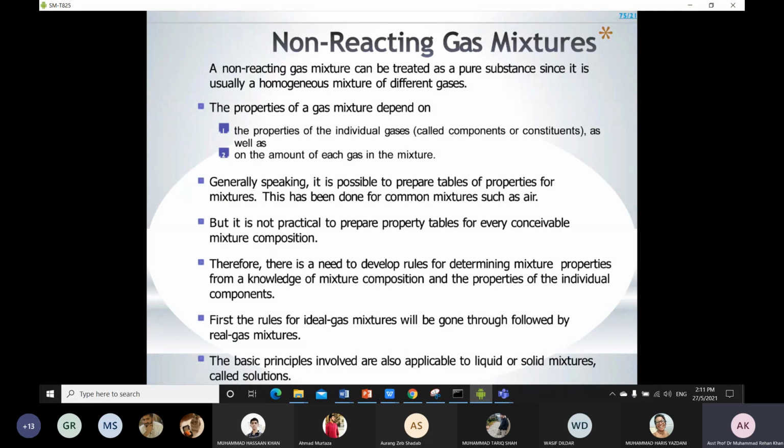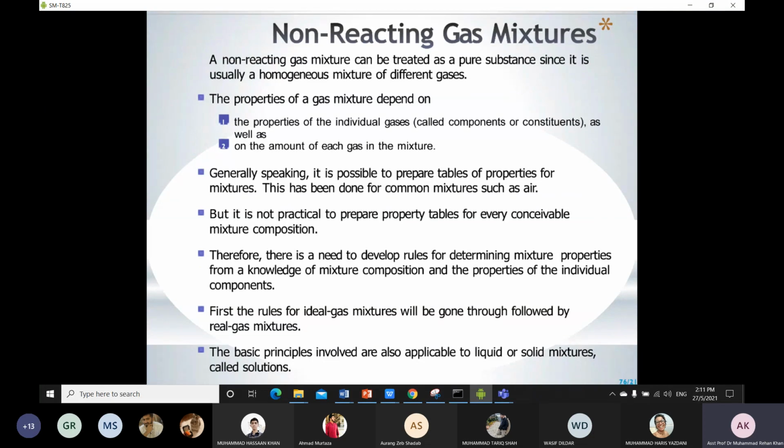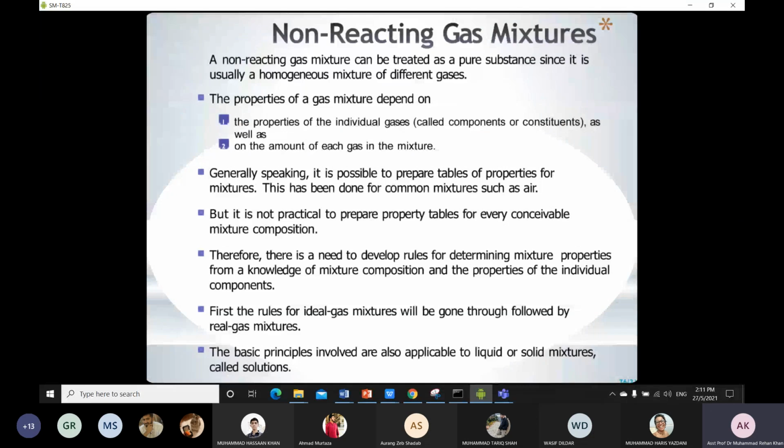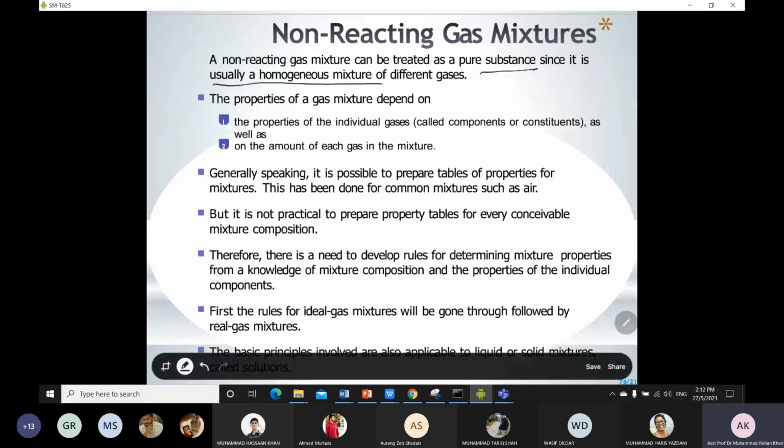Okay, so now a non-reacting gas mixture can be treated as a pure substance, since it is usually a homogeneous mixture of different gases. Because when we are doing the combustion process, there is a fuel, there is the air, and air is a combination of different types of gases. Also, if for example you are doing combustion of methane, the actual methane is basically a combination of many gases.